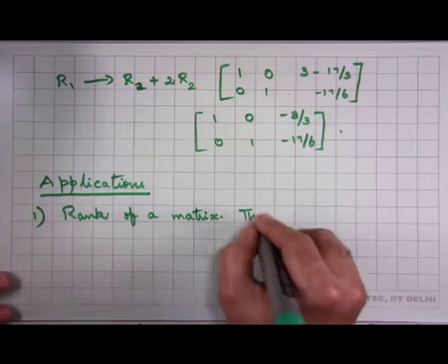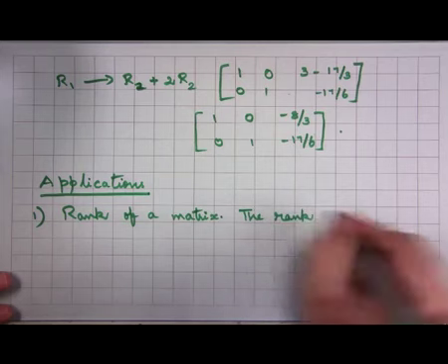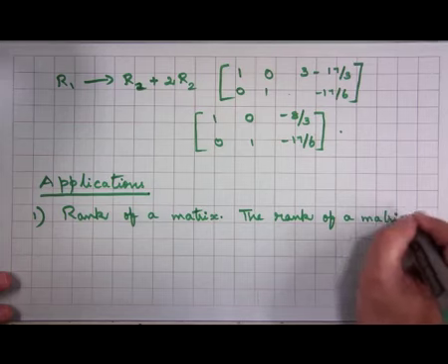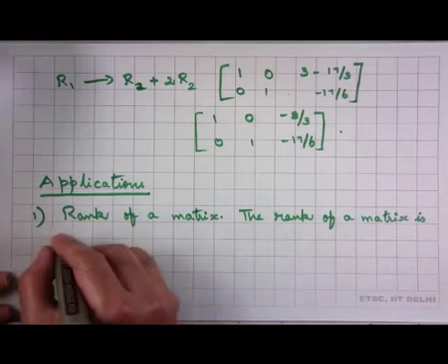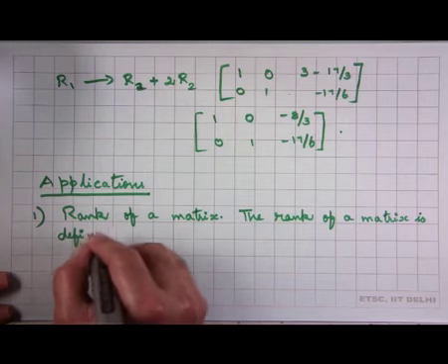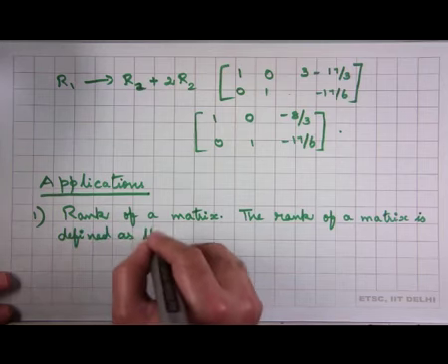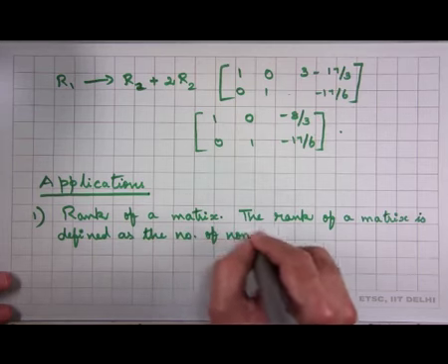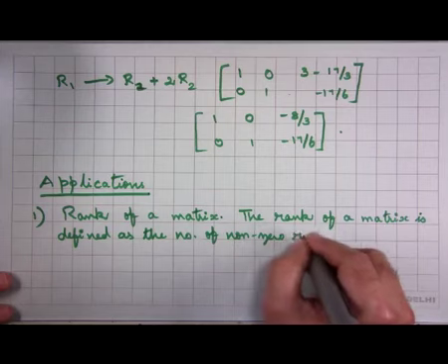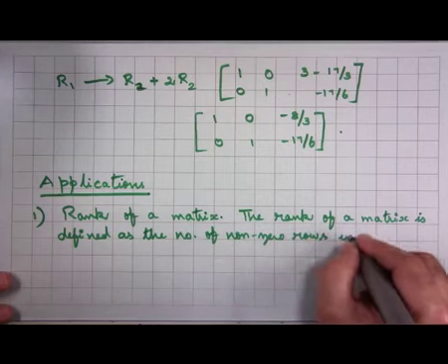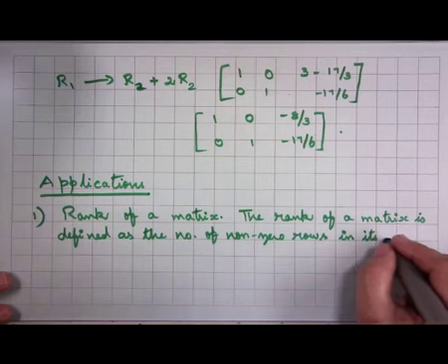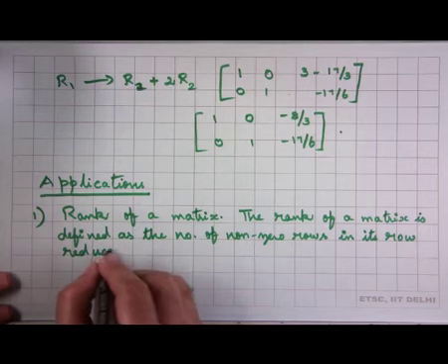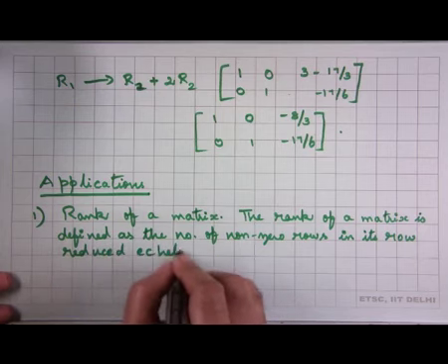The rank of a matrix is defined as the number of non-zero rows in its row reduced echelon matrix.